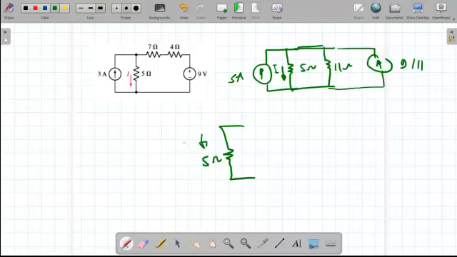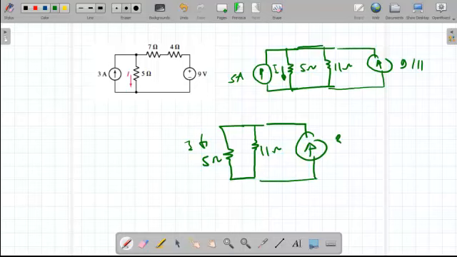and the current that we want to calculate is I here, and this becomes 11 ohm, and the current source here will equal 3.818 amp.